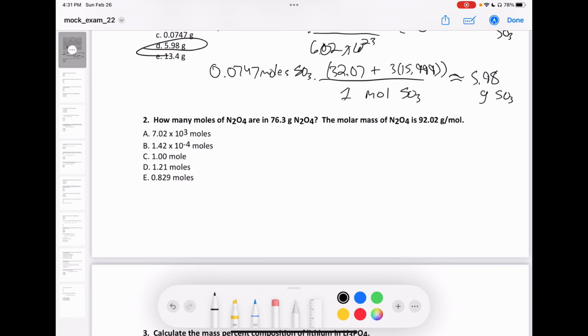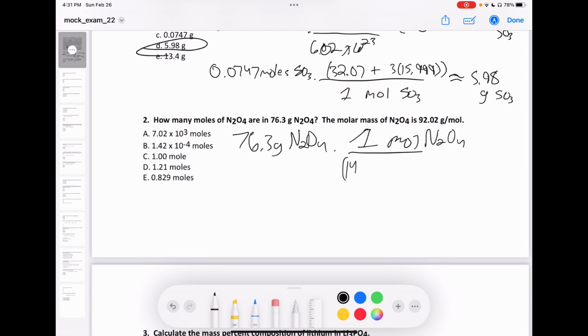Okay, how many moles of N2O4 are there in 76.3 grams of that? And going from grams to moles is really easy. You just divide by the molar mass. So we've got 76.3 grams N2O4 times 1 mole N2O4. And again, we just add up the individual molar masses of all the atoms.